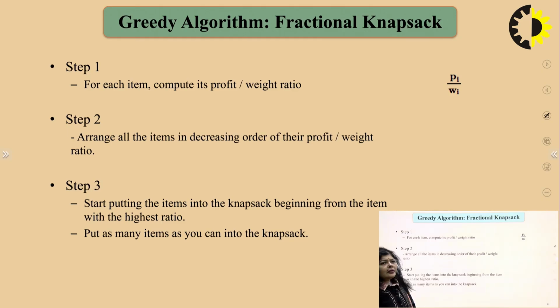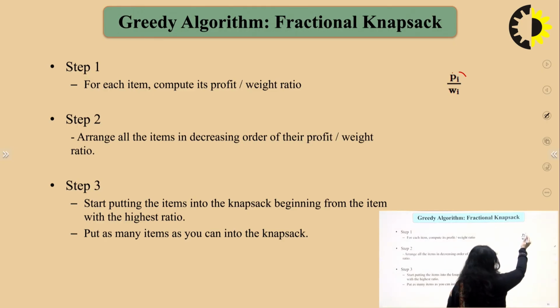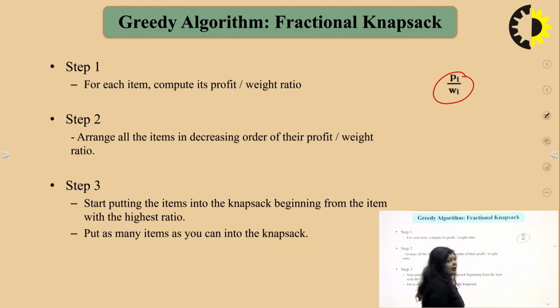Now, what are the steps exactly that we need to follow to solve this knapsack problem using greedy algorithm? Step 1 says that for every item I need to first compute the profit and weight ratio, and this is represented as Pi over Wi.